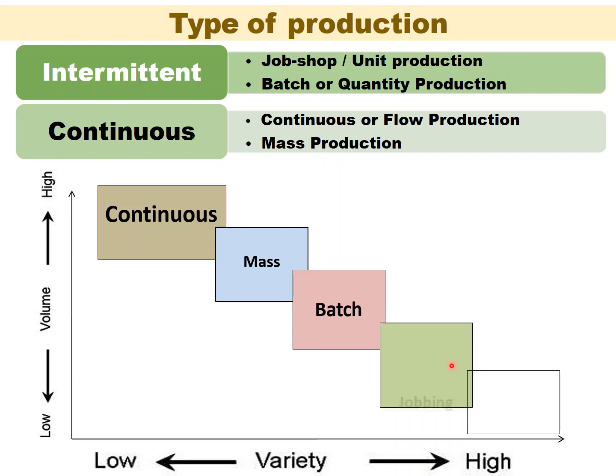And next is jobbing, which means production of a product according to the requirement, called jobbing, job shop, or unit production. This is the last one, in this case the variety is according to the requirement of the project, so the product varies. The variety is very high in this case and production is very low, because this is a one-time product and after that the production will be stopped.